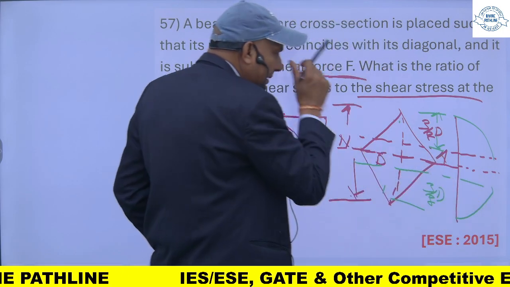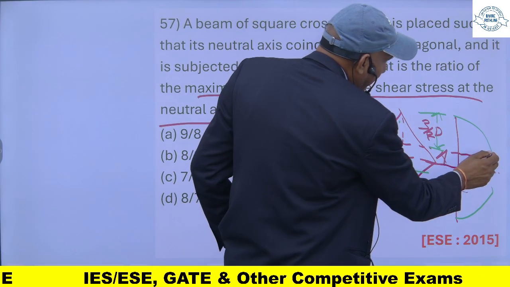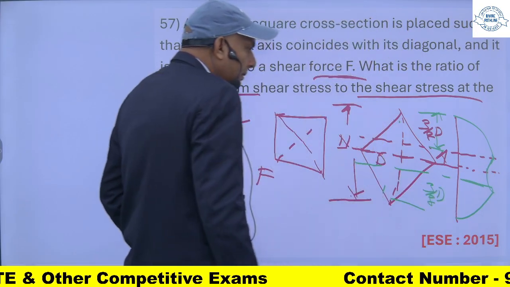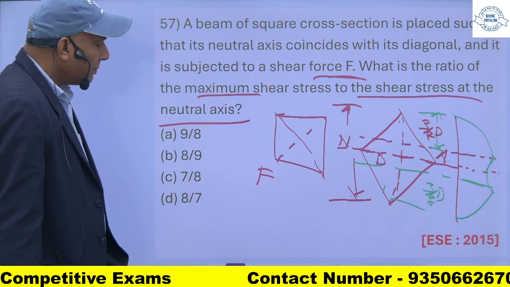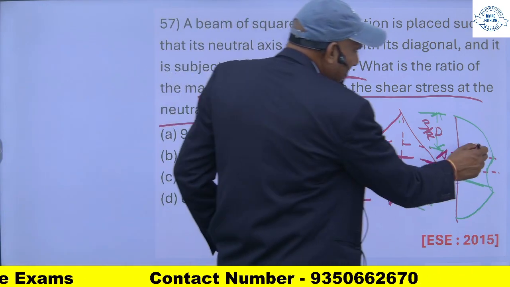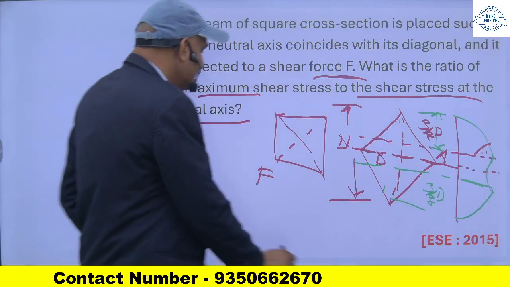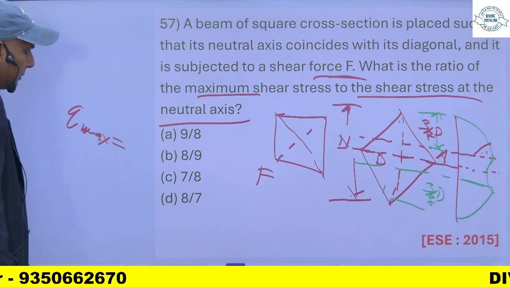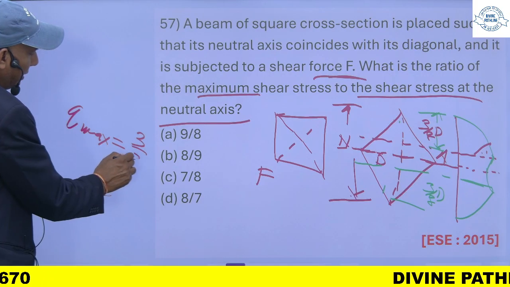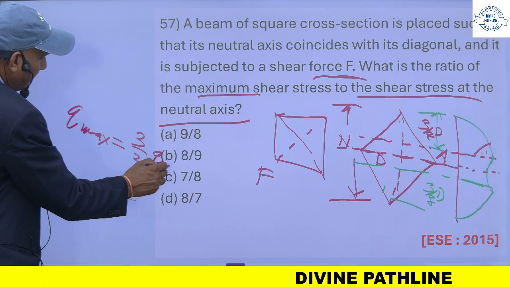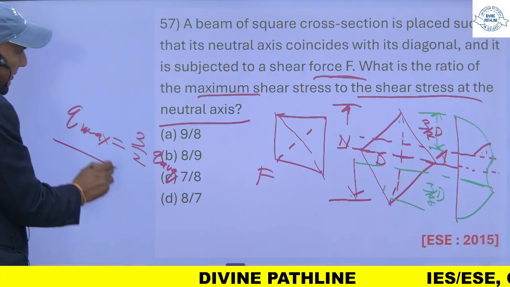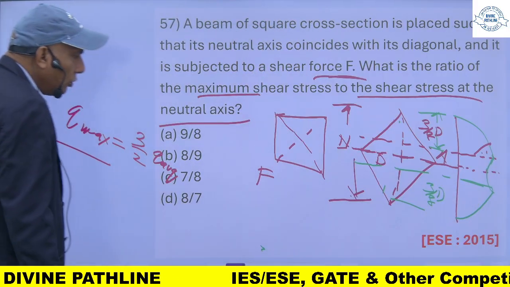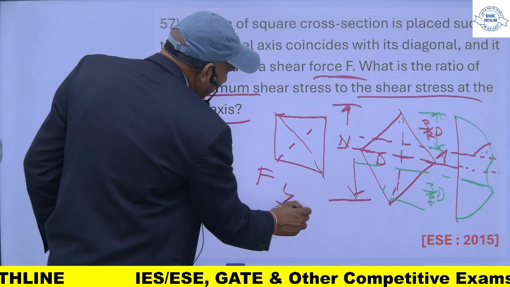And at the neutral axis, it is not maximum, but less than the maximum. The maximum stress in this case, Q max, will be 1.5 times, meaning 3/2 times Q average. And shear stress at the neutral axis is 4/3 times Q average.